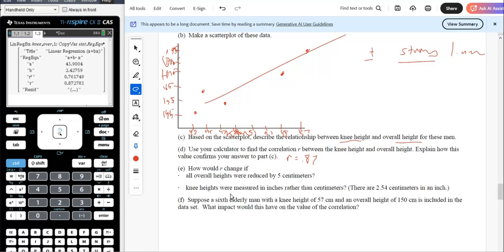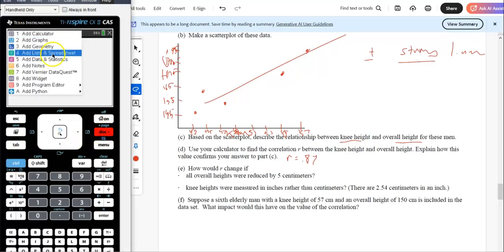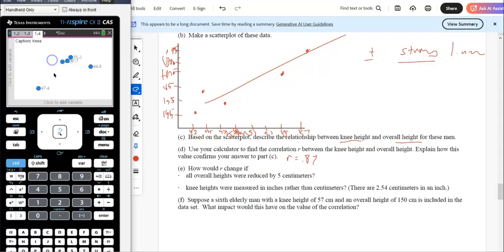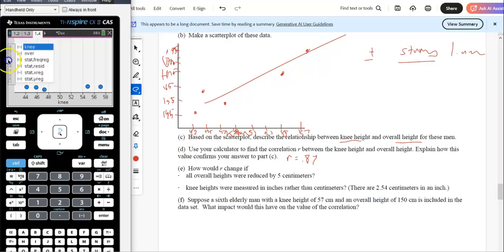Would R change if the overall height were reduced by 5? No. Knee heights were measured in inches. Any kind of conversion doesn't change R. In fact, I don't know if you've seen this before, but it's kind of neat. So let's graph it on data statistics. Knee. I don't know if I showed you this before.